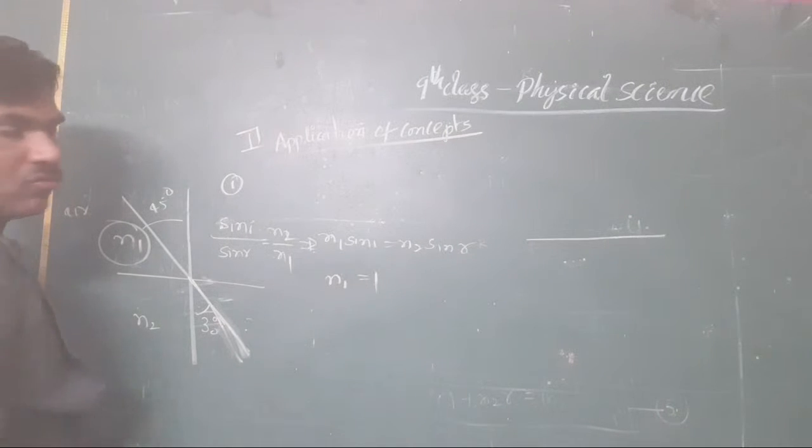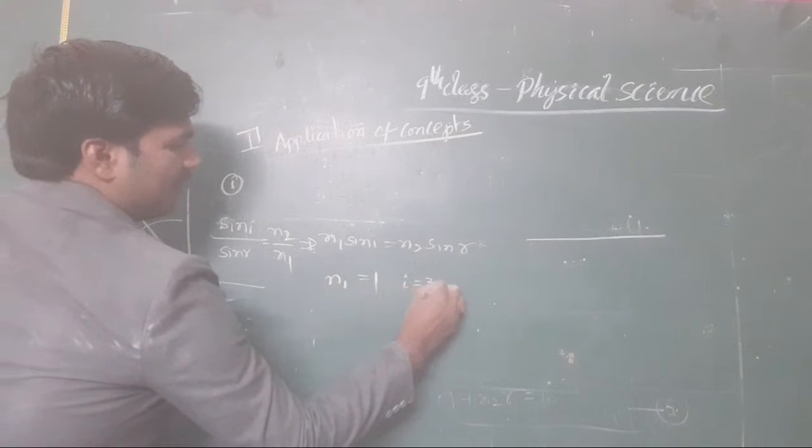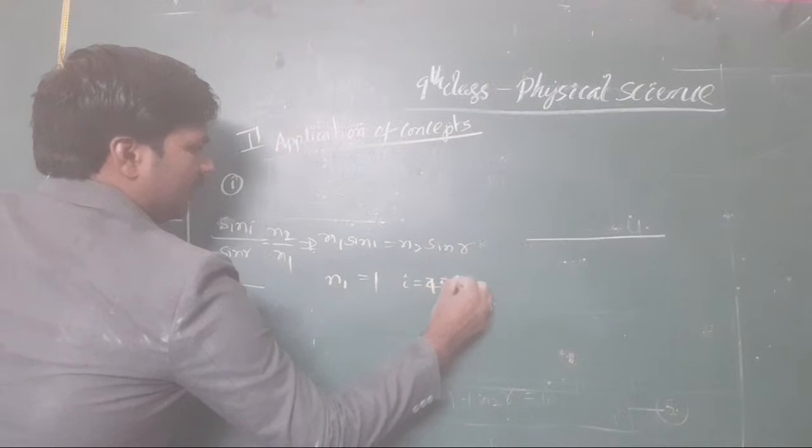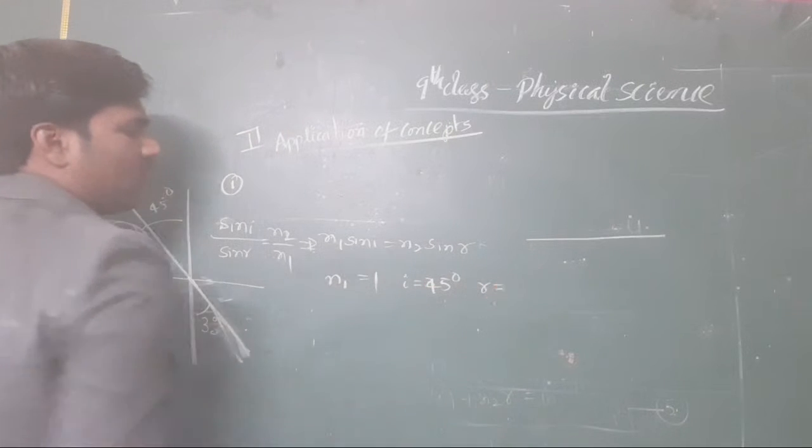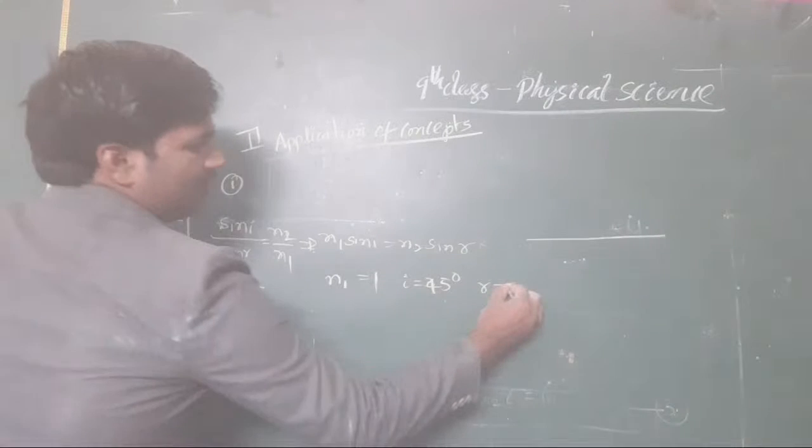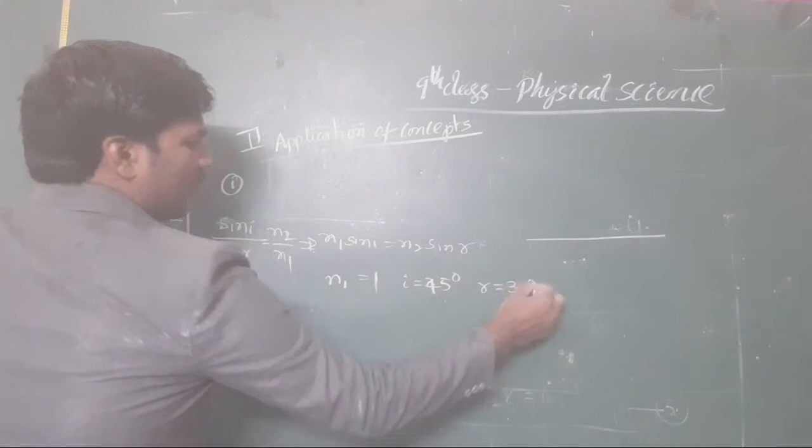Clear or not, all the students? I is 45 degrees and R is 30 degrees only.